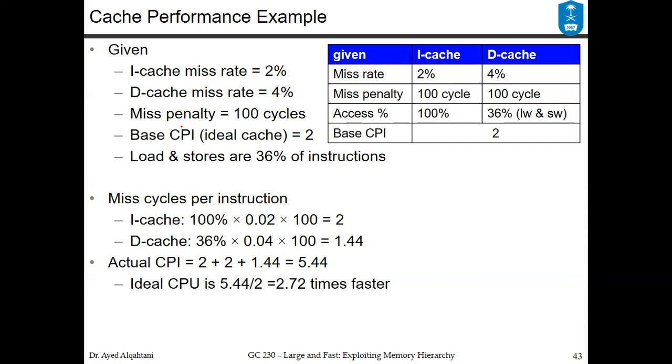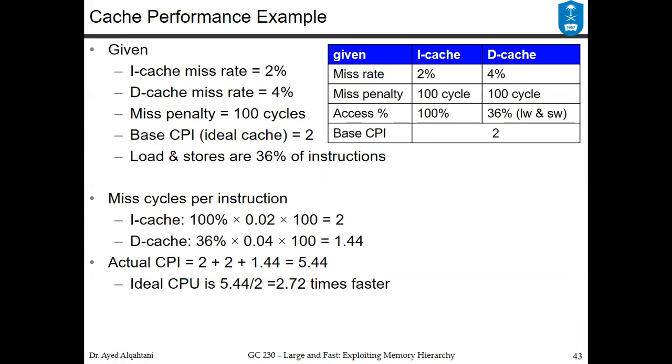You are also given that the miss penalty is 100 cycles. The base CPI, or what we defined as the ideal CPI, is equal to 2. And you were given that the loads and stores are 36% of the total instructions.